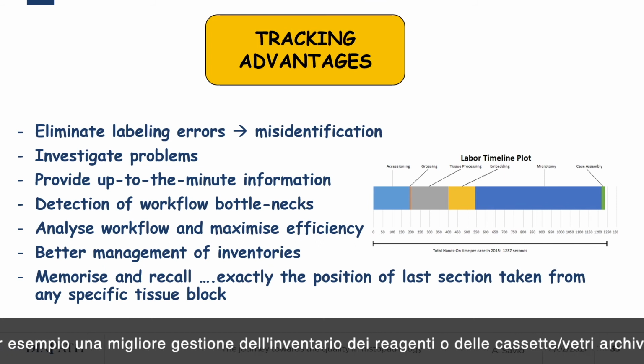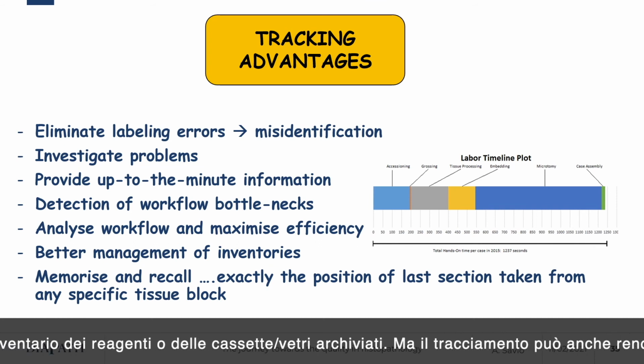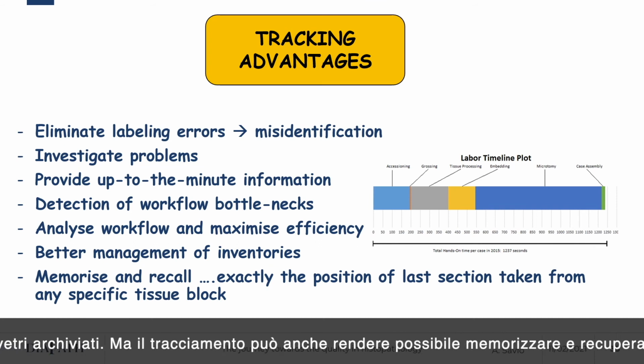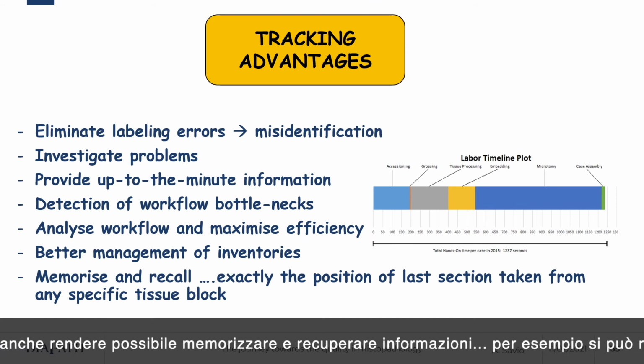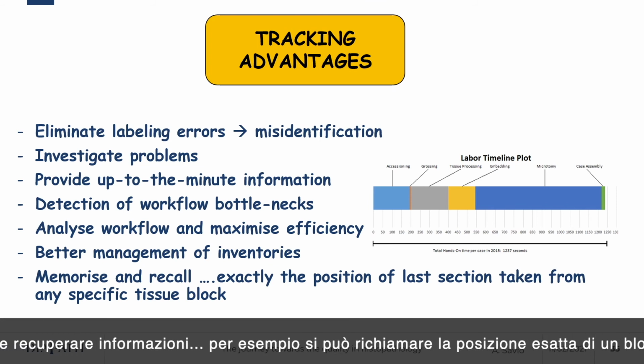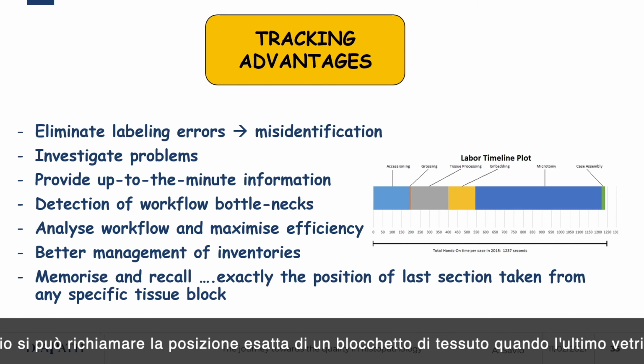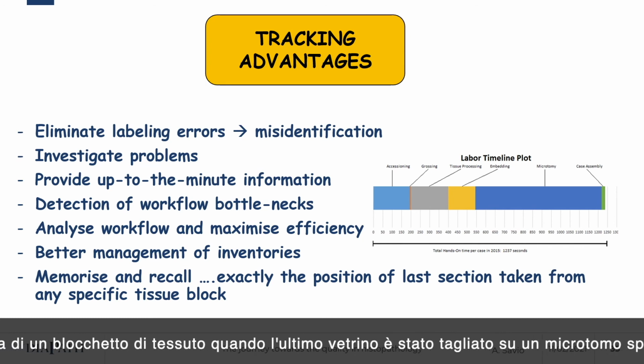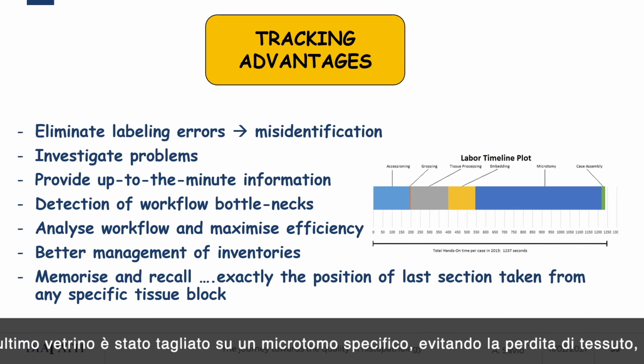Other potential reasons for a laboratory to implement a tracking system may include improved logistics, for example, a better management of reagents inventory or archived cassettes and slides. But tracking can also make memorizing and recalling possible.